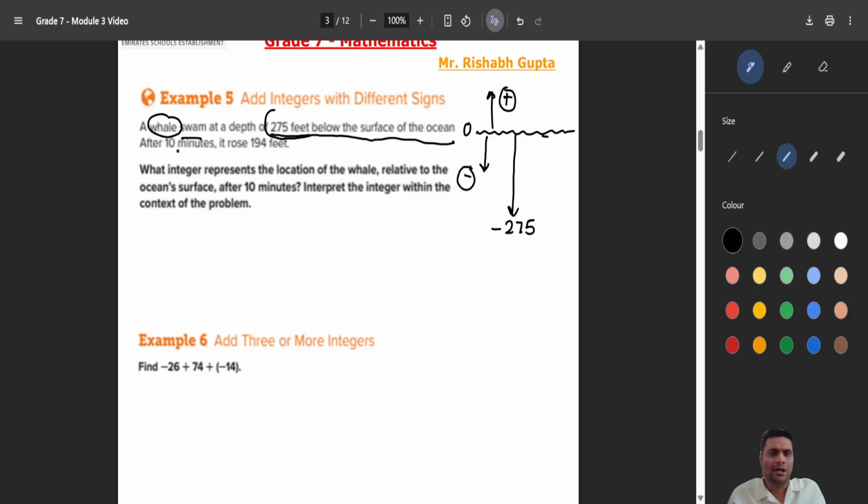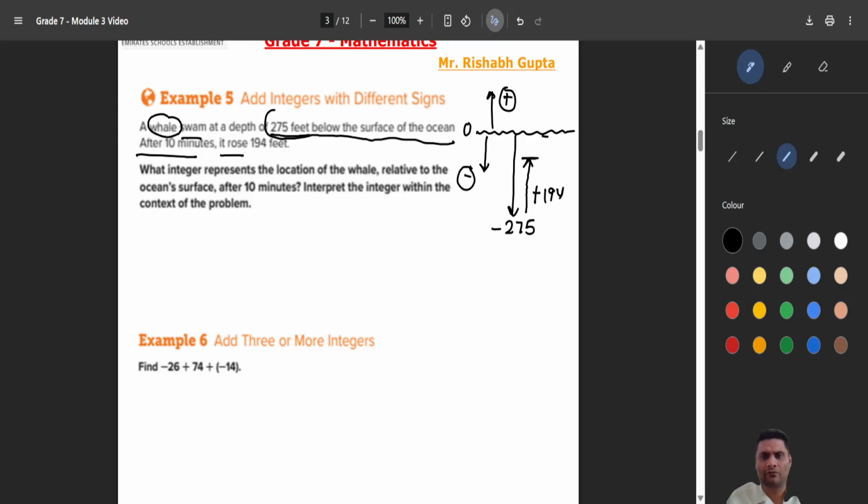Okay. After 10 minutes, it rose, meaning it is now trying to come up. Whenever you are trying to go up, it means plus. So it rose how much? 194 feet. It came somewhere here. Now he said, what integer represents the location of the whale relative to the ocean surface?